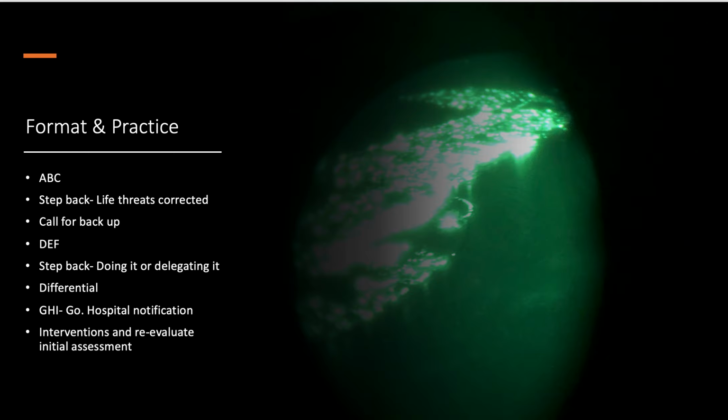D, E, F, we went over disabilities, exposure. And I'm going to use F as another step for us to consider. And D, besides disability, would be now to delegate. Determine differentials.